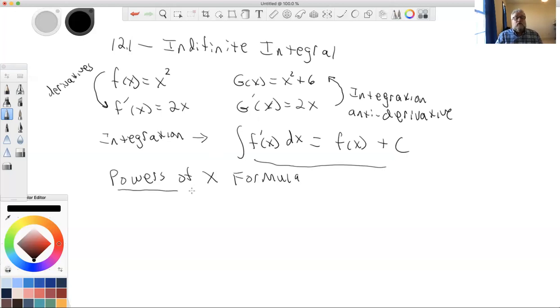So the powers of x formula says if I'm trying to take the integral of x to some exponent, x to the n, x to the third, x to the fourth, x to the fifth, whatever it is.